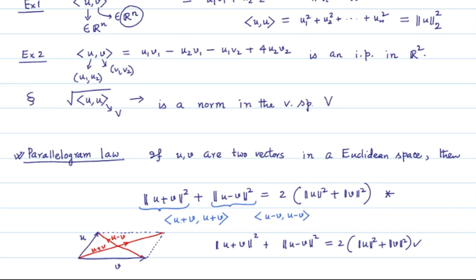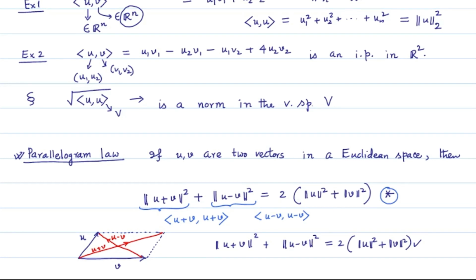Now you expand these two inner product expressions, and you will get the right hand side. Therefore, if a norm is given by an inner product, then this parallelogram law must be satisfied by that norm. Hence, if a given norm does not satisfy this parallelogram law, there does not exist any inner product from which this norm can be identified.